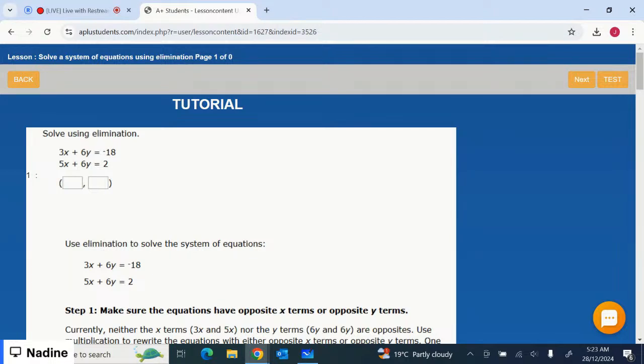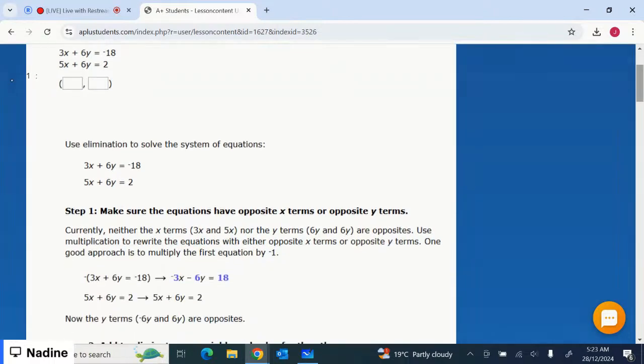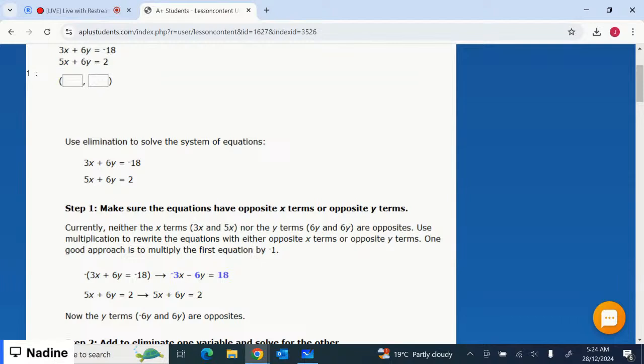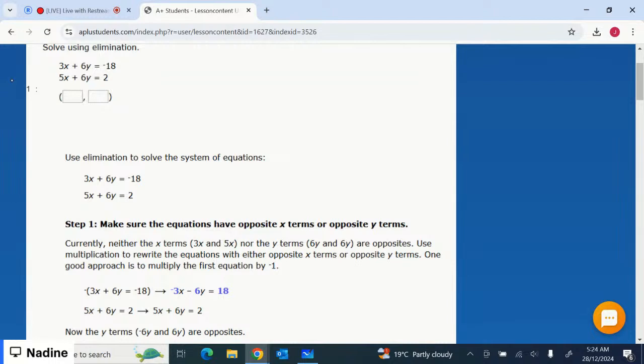Solve using elimination. 3x plus 6y equals negative 18 and 5x plus 6y equals 2. So you have to solve using the elimination method. So you have to eliminate one variable. If you subtract both the equations, y would be eliminated.